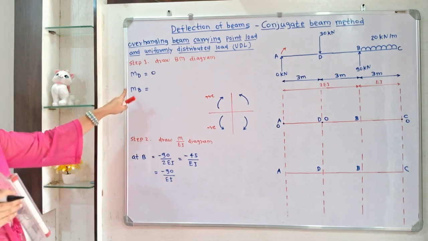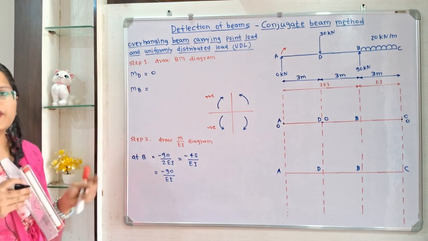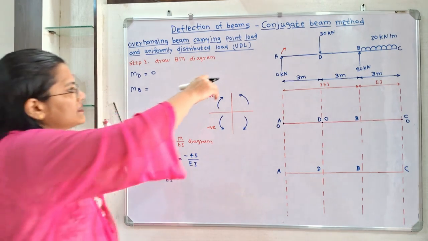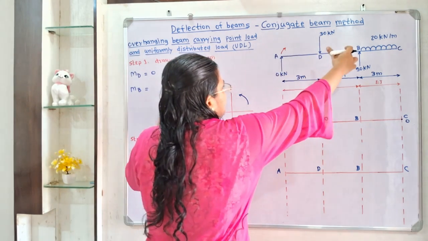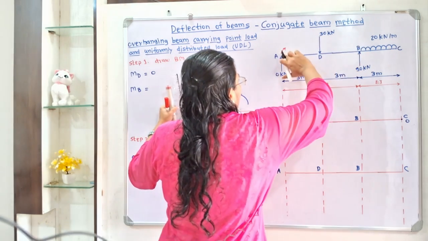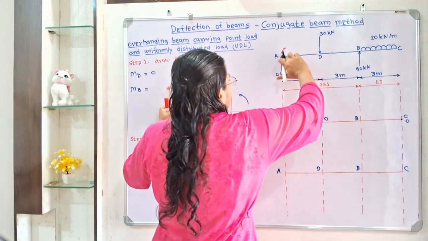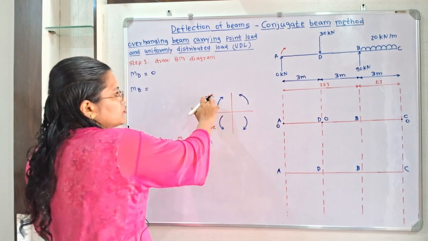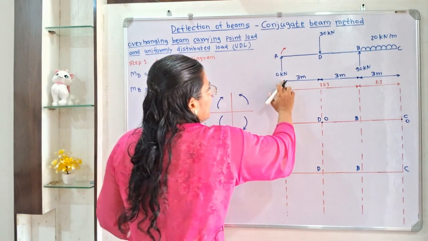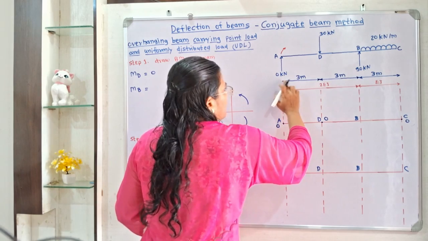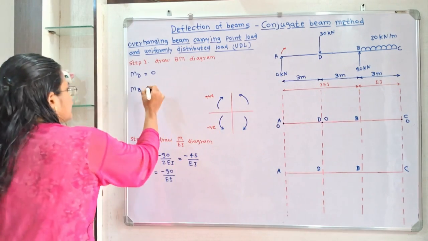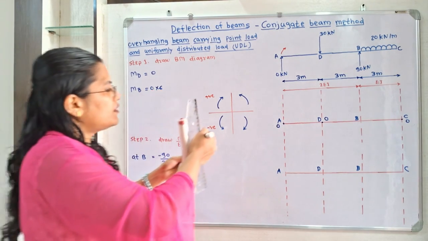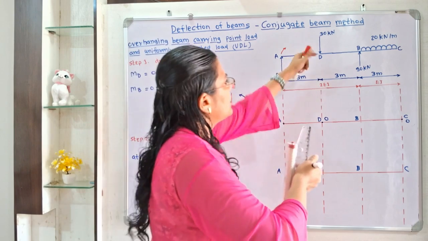Now we will take the moment at point B. So again we will take the summation of moments from the left hand side. So about point B, if I move the compass, then in the direction of 0 kilonewton, there is clockwise direction. So use positive sign. So 0 multiplied by this distance from A to B is 6. So 0 multiplied by 6. Now we will move to the next force, which is 30 kilonewton.